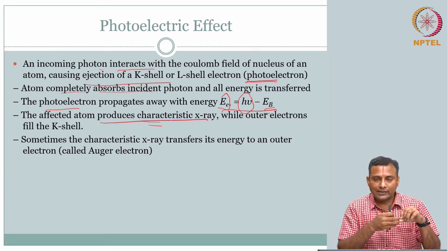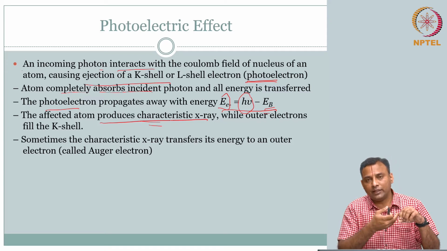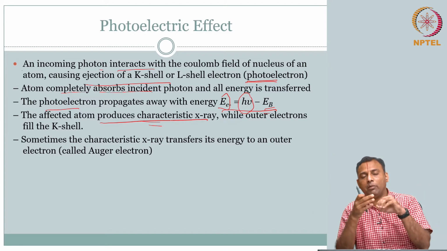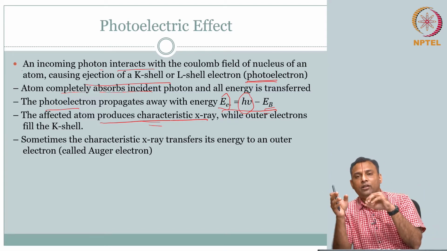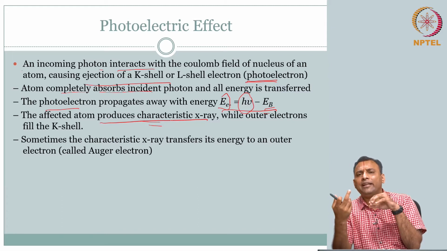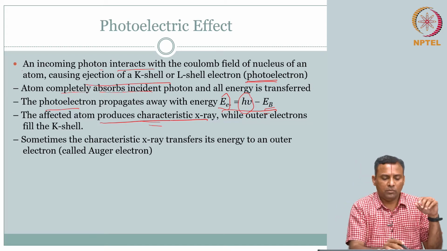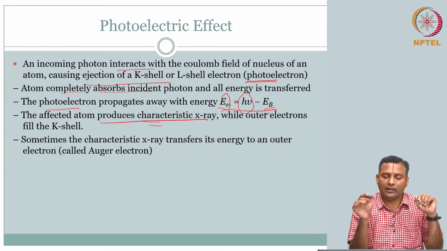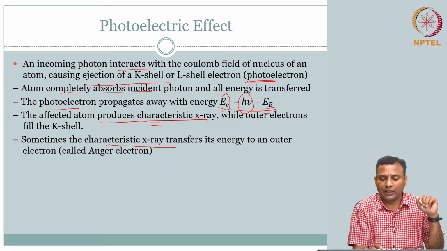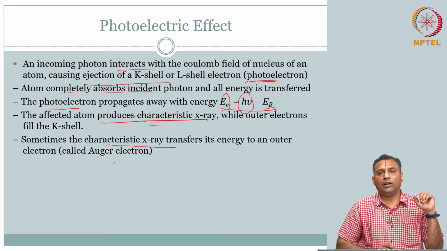When that photon is trying to leave the atom, it may knock off the electron in the outermost shell, because in the outermost shell the binding energy is going to be less, so it is going to be weak. So, maybe it has sufficient energy to kick that electron out.